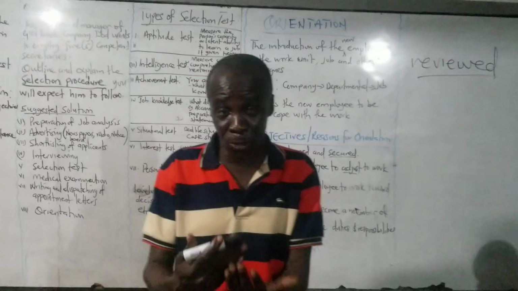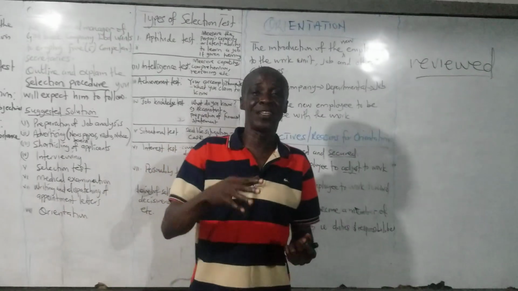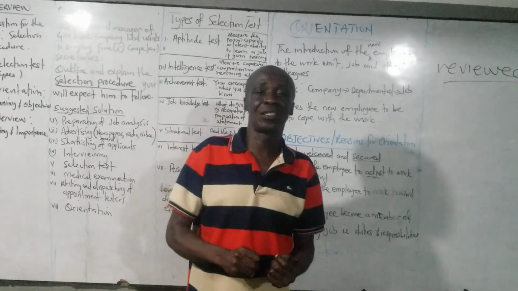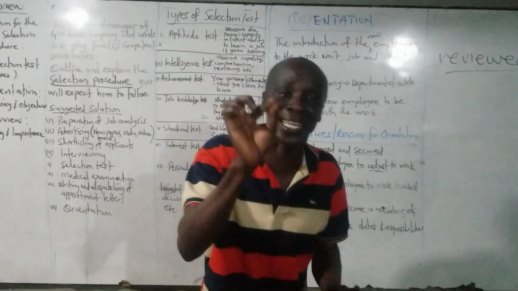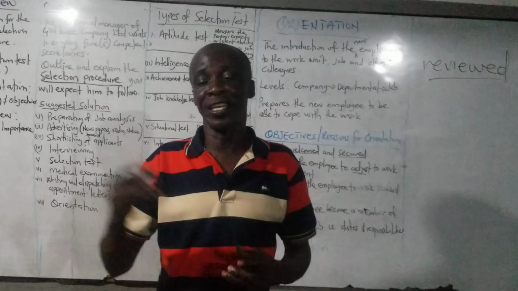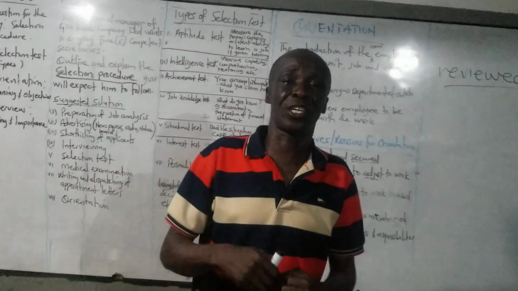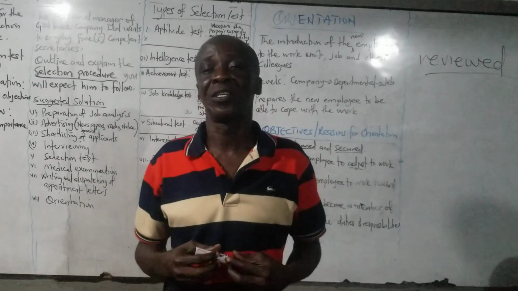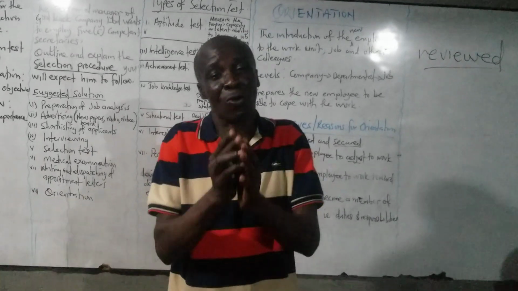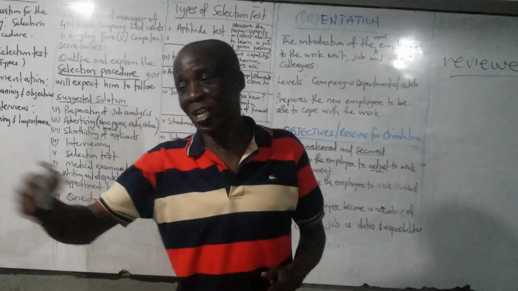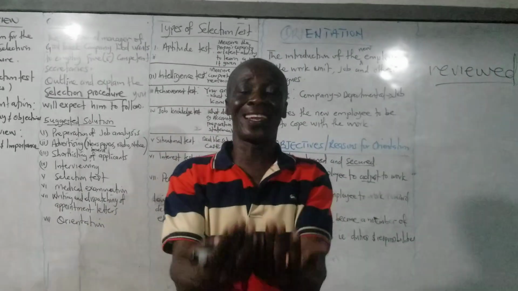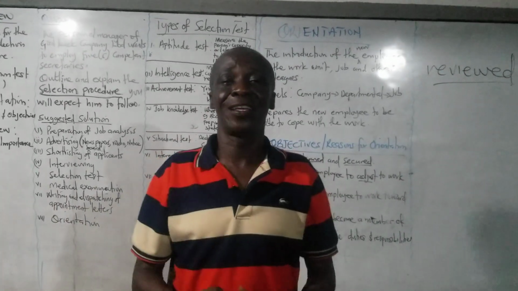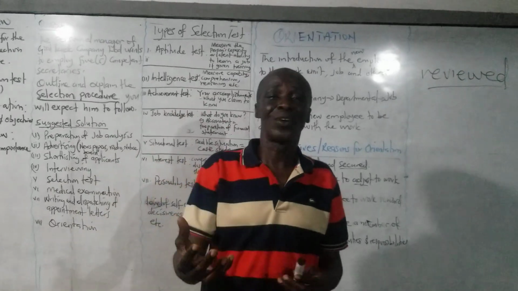So you look at all those things and then you select those who have the job requirement as specified in the job description and the job specification. Those who do not qualify at the initial stage, you just put their letters or applications elsewhere. And then those who actually qualify, you now invite them.